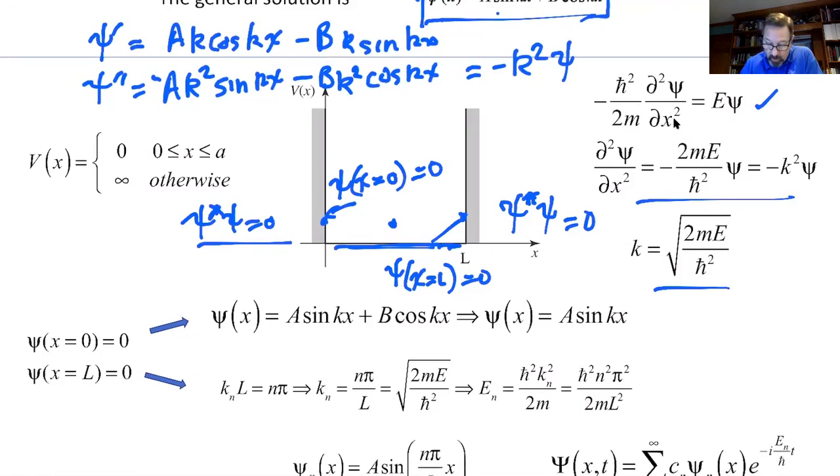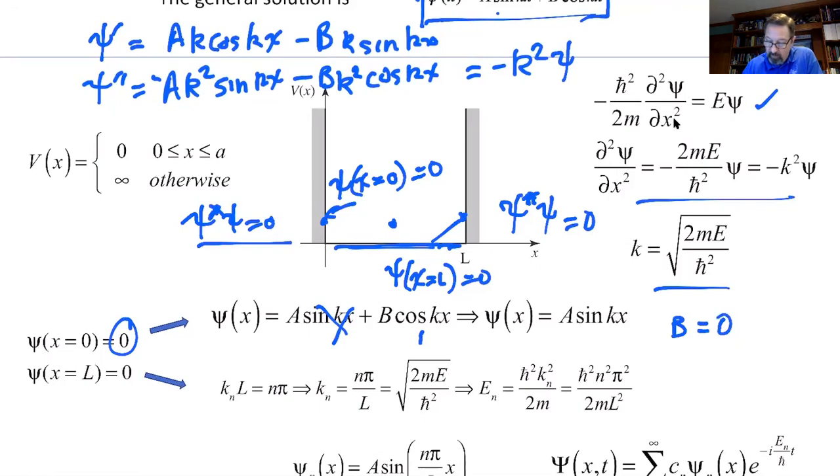Well, if at x equal to 0 the wave function has to be equal to 0, the sine of 0 is 0, so that's good. But the cosine of 0 is 1. So b times 1 has to be equal to 0. The only way that could be true is if b is equal to 0.